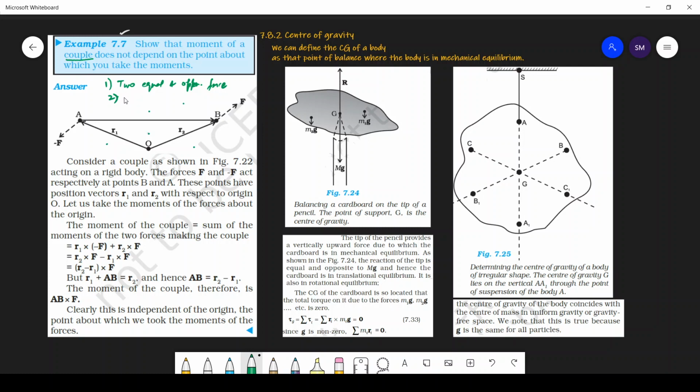Yes, Vinay, what is the second thing? Second condition to form a couple.